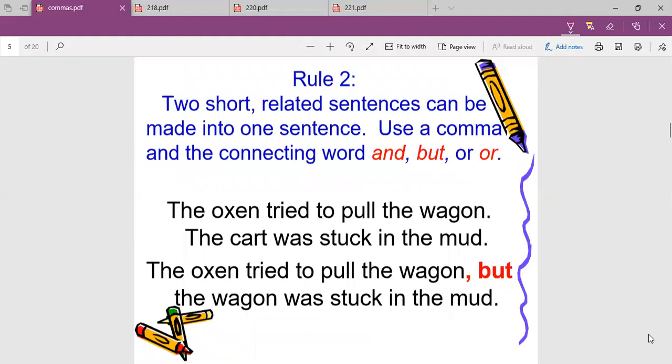You use a comma and the connecting word and, but, or. Excellent. Thank you. Now, this is rule number 2. This is what we have done in the conjunctions lesson also. That was 2 weeks ago. Whenever I'm joining two sentences, I have to use a comma and a conjunction inside a sentence.